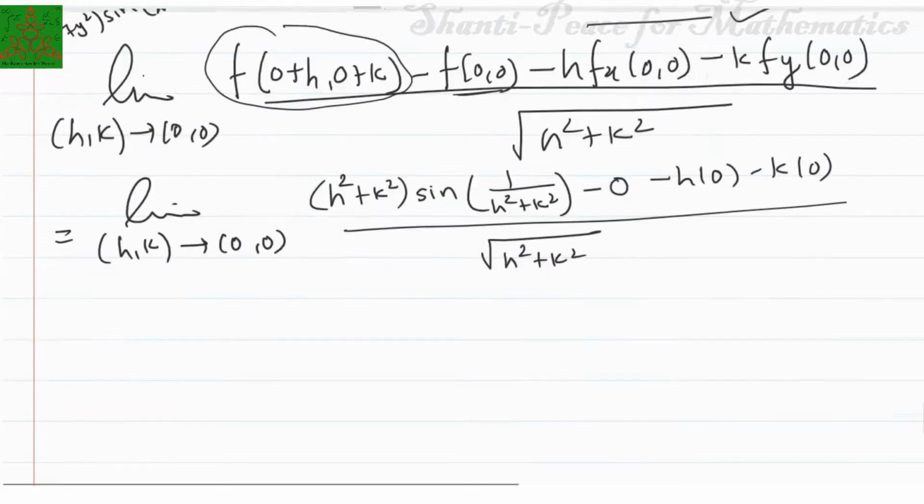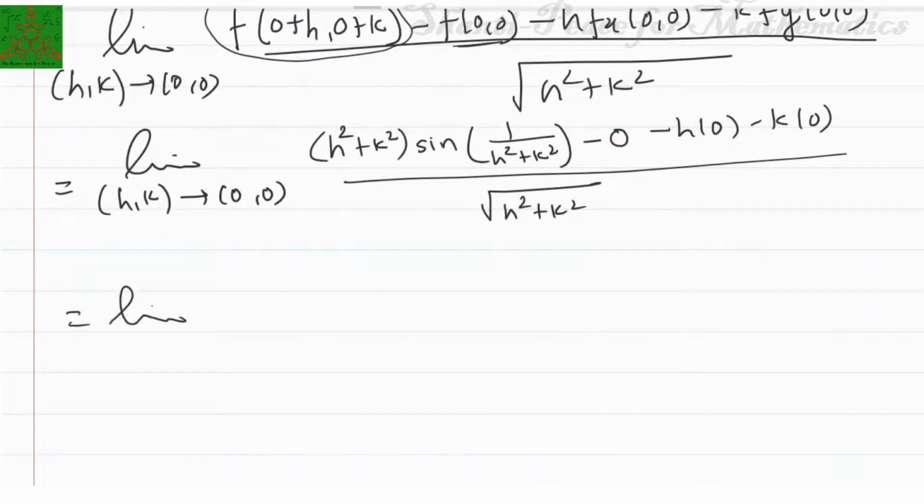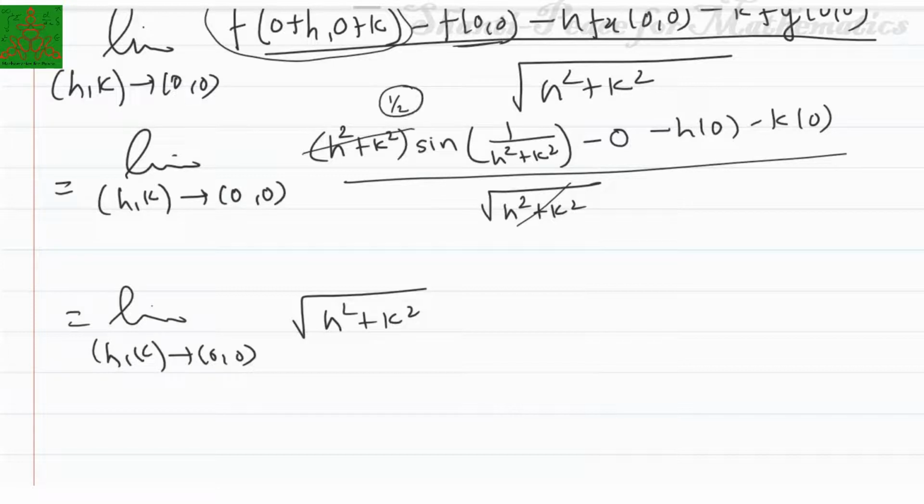Again you can see the limit as (h, k) tends to (0, 0). This is nothing but the square root of h square plus k square, because one h square plus k square is cancelled with this one, so just the square root is left, into sine 1 upon h square plus k square.